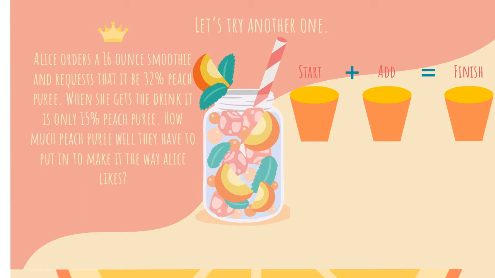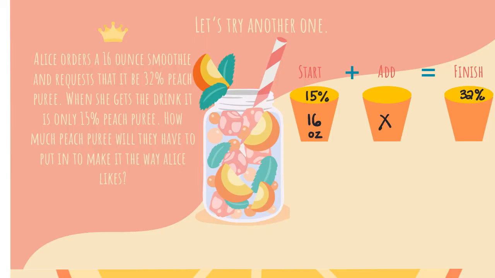She starts with 15%. How much does she start with? 16 ounces. We know that she wants it to be 32%, and we know that she's going to add some amount, we don't know how much, so we're going to write X here, of peach puree.